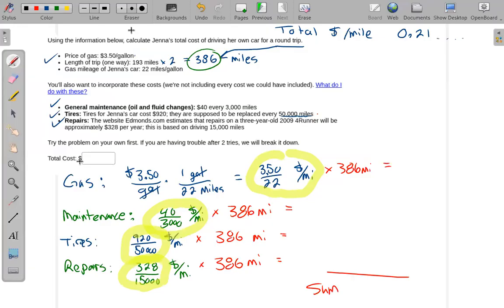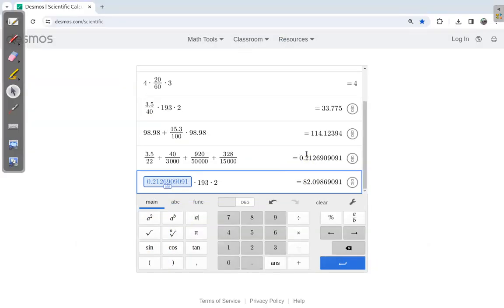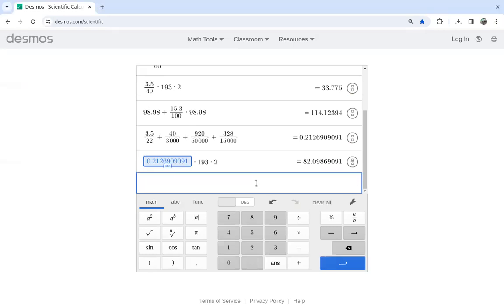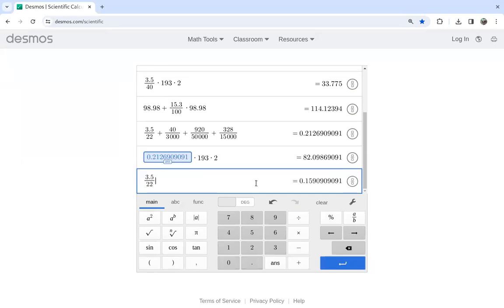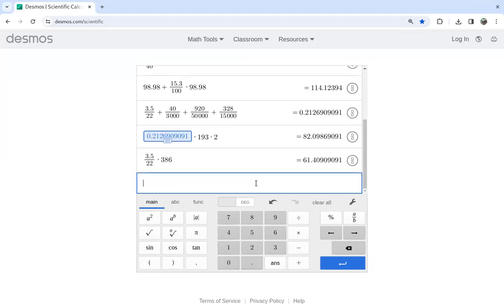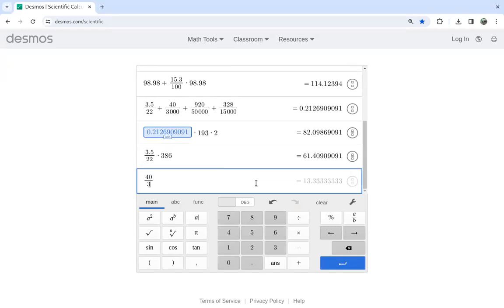So one version of this gives me 82.10. If I do it this other way, let's see if that comes out the same or different. That's going to be a little bit more work because I have to break these down one at a time. So I would have to take the 3.5 divided by 22 and then multiply by 386. Similarly, I would take the 40 divided by 3,123 and multiply that by 386.